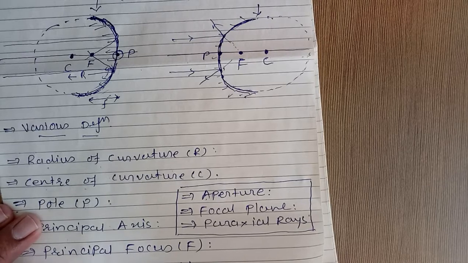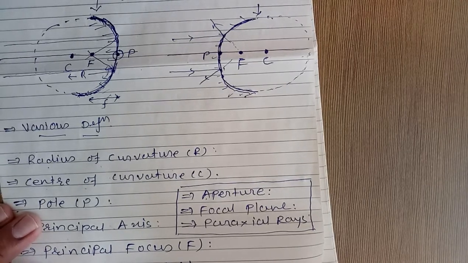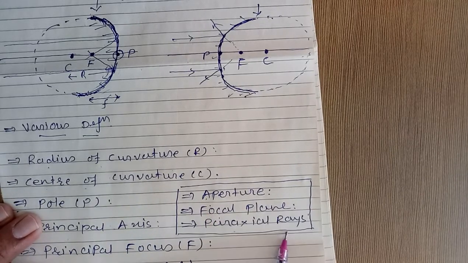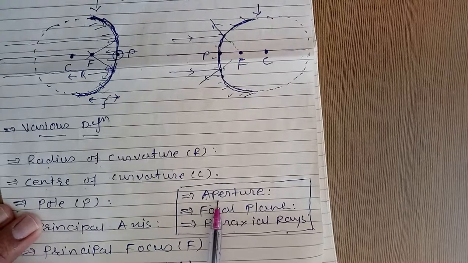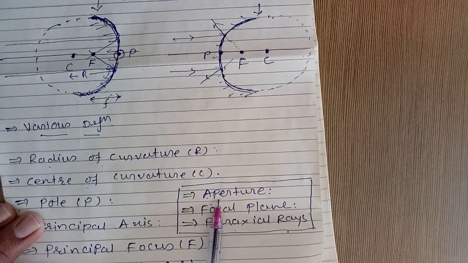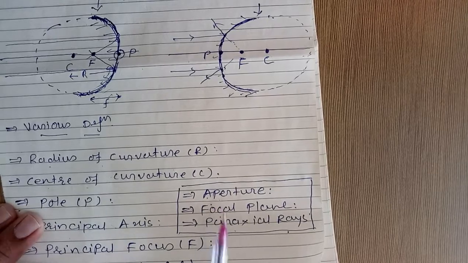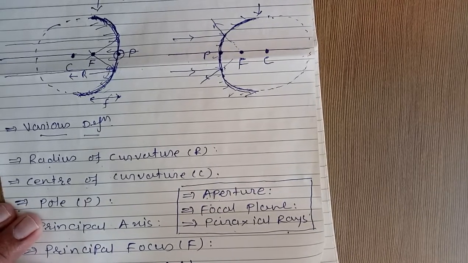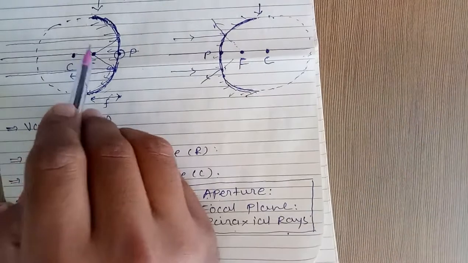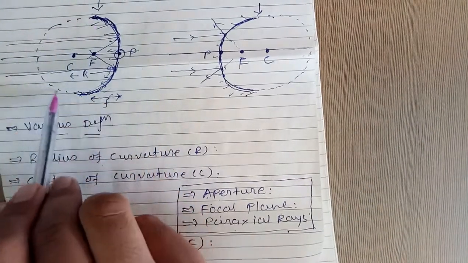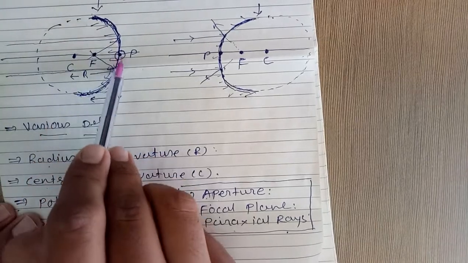Friends, now we discuss our next three definitions: aperture, focal plane and paraxial rays. What is aperture? The diameter of the reflecting surface is called aperture. I repeat, the diameter of the reflecting surface is known as aperture. Here you saw that this is our spherical shell, and this is our reflecting surface.